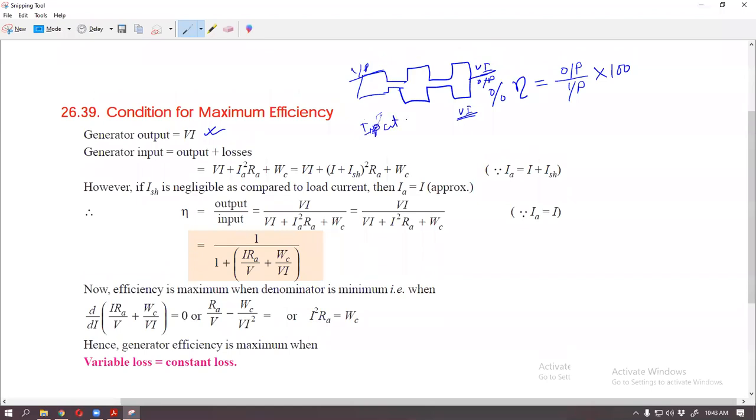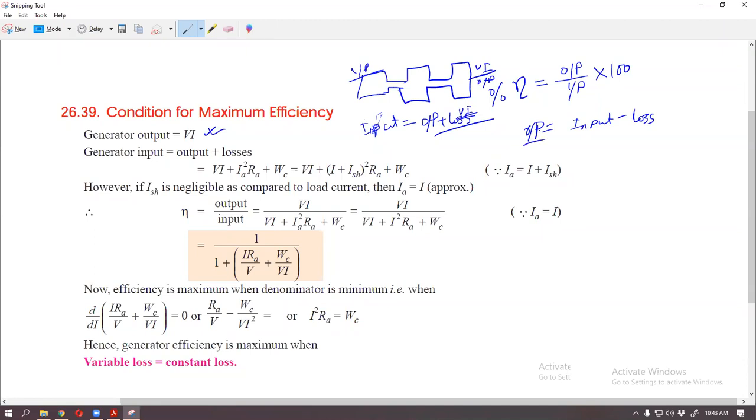Output plus losses. This is very simple. Or output is equal to input minus loss. Input minus loss is the output.